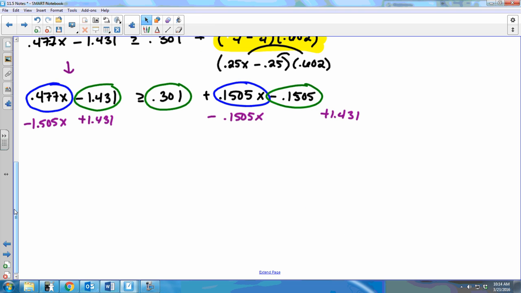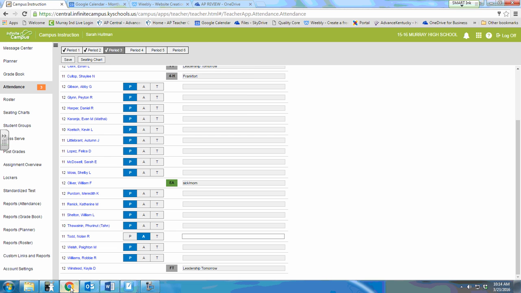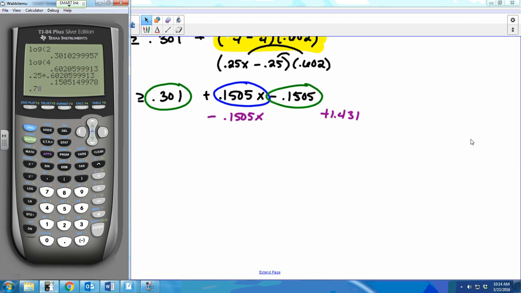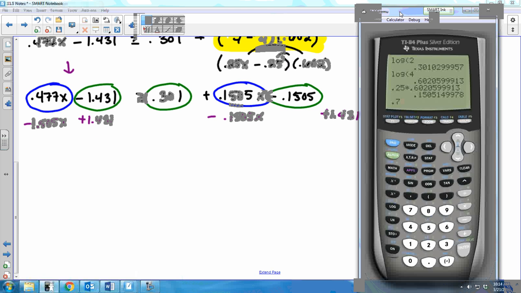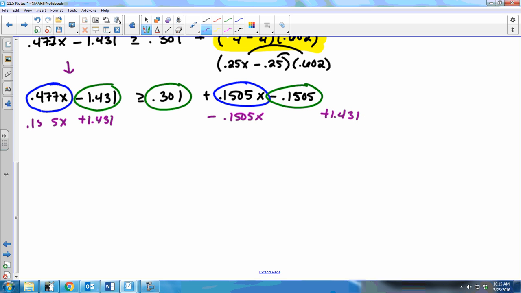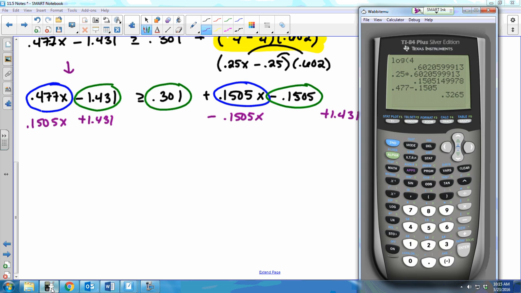So if I do that, 0.477 minus, it's really 0.1505. I don't know why I continue to write this as 1.505. So I get 0.3265.